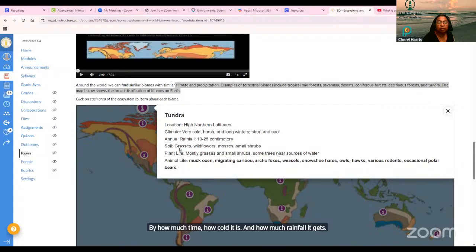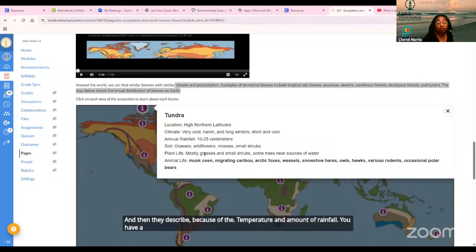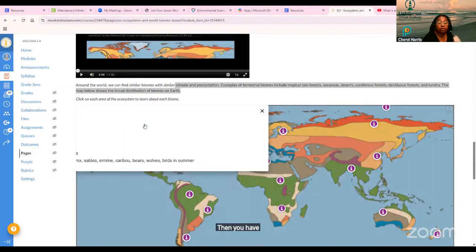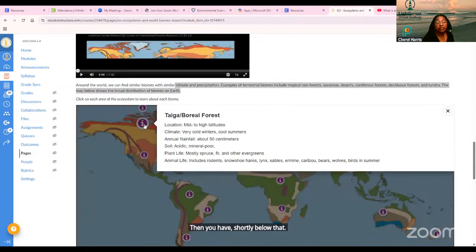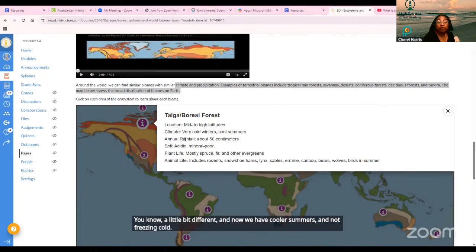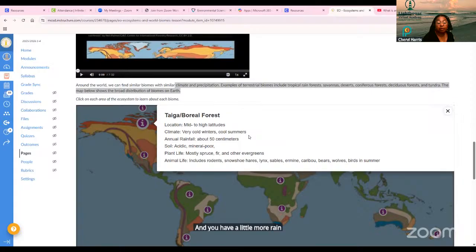Because of the temperature and amount of rainfall, you have a unique set of plants and animals that can survive there. Shortly below that is the taiga, and the climate is a little different. We have cooler summers, not freezing cold, and a little more rainfall. The soil determines what kind of plants and animals exist there.